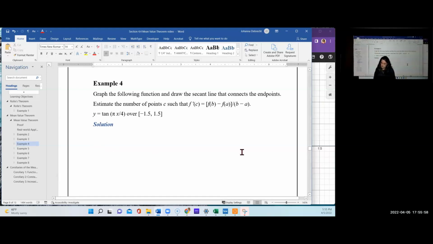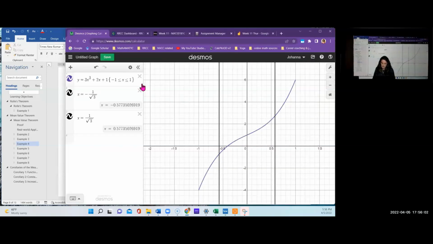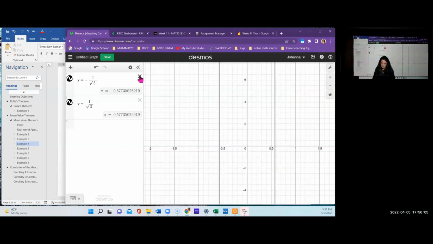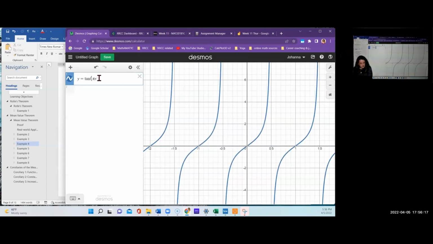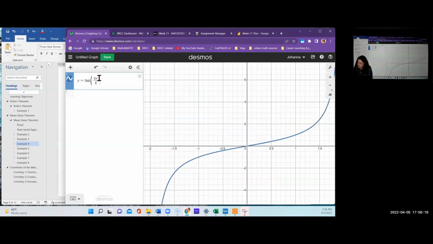So what we're going to do is come to our picture and graph tangent of pi x over 4. So let me remove what we had before and graph y equals the tangent of pi times x divided by 4.